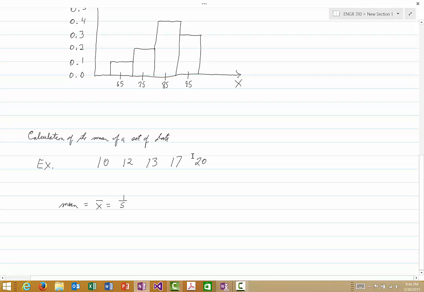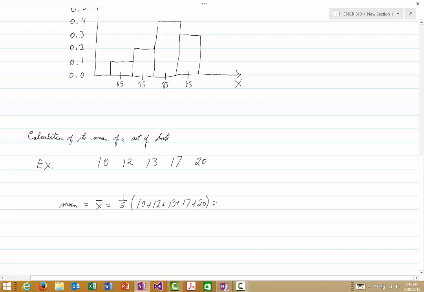We have 5 pieces of data: 10, 12, 13, 17, and 20. And so that's why we have a 5 in the denominator here. And in the numerator, we just have the sum of those data values. So 10 plus 12 plus 13 plus 17 plus 20.